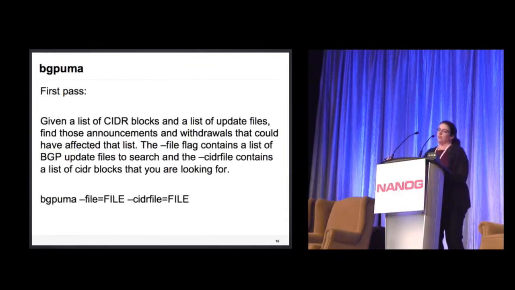So how does BGPuma work? Well, you give it a list of update files, you give it a list of CIDR blocks or prefixes or whatever you want to call them, and you run it just like that. You say BGPuma -files, file containing the list of all the files, and then you have a list of all the prefixes, and it prints out an output.